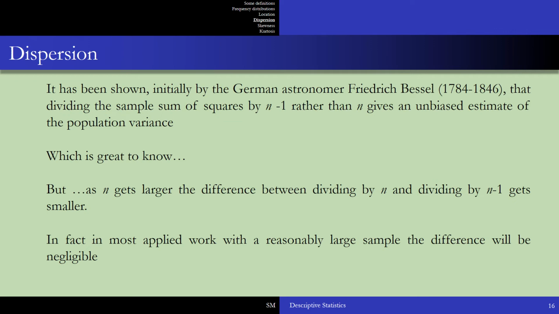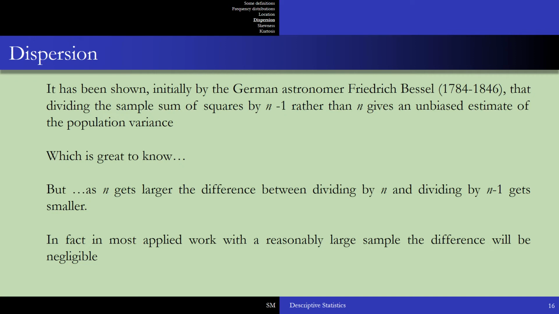It's been shown, initially by the German astronomer Friedrich Bessel, that dividing the sample sum of squares by the sample size minus 1, rather than just by n, the sample size, gives an unbiased estimate of the population variance, which is truly great to know.